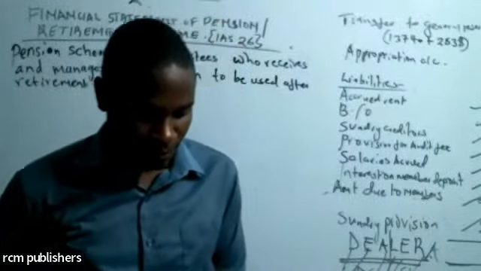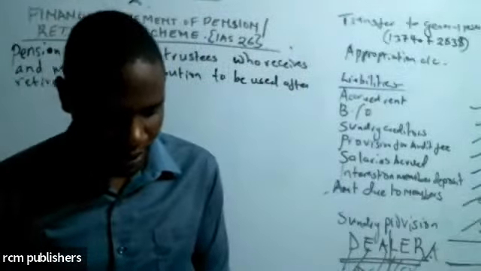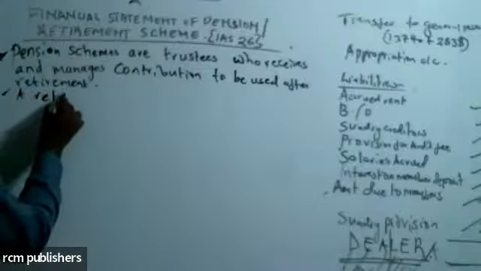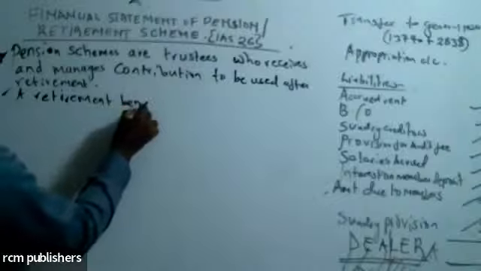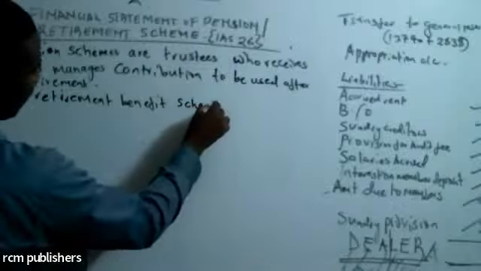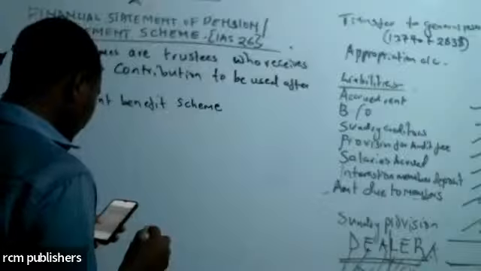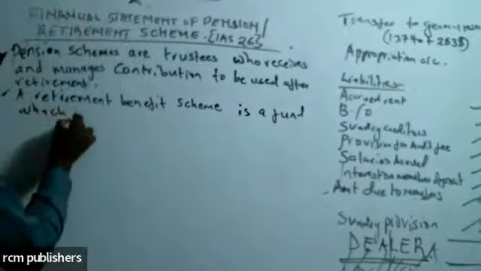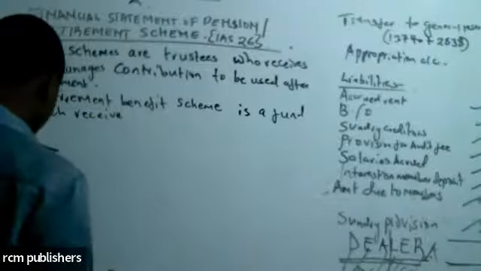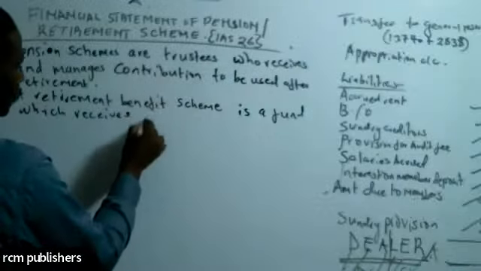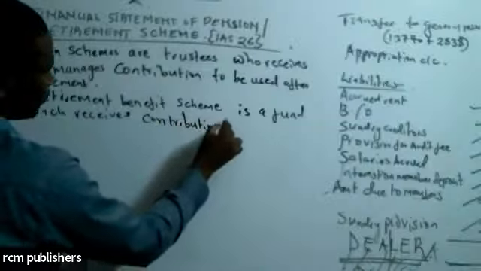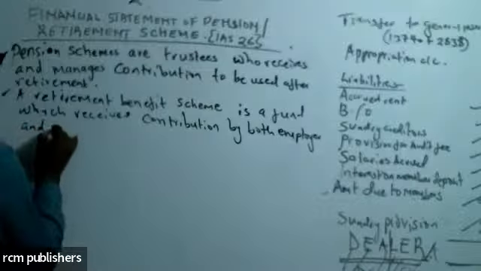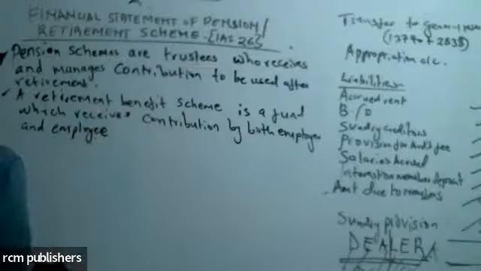A retirement benefit scheme is a fund which receives contributions by both employer and employee.